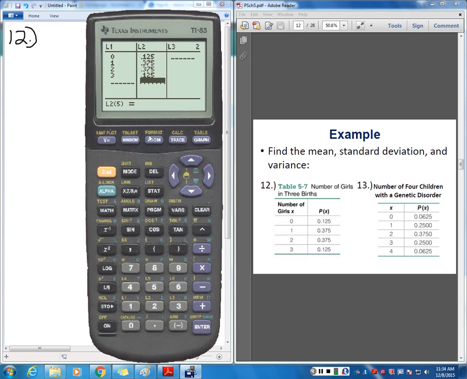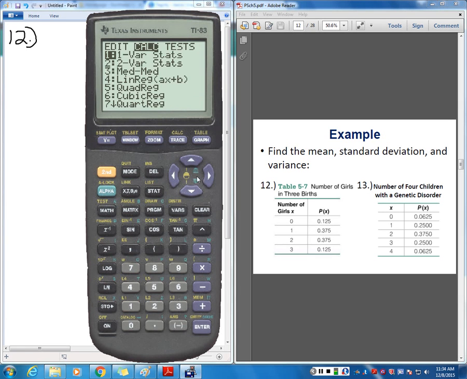And to find the descriptive statistics I'm looking for, I now go to Stat, Calc, 1-Var Stats, and tell the calculator I'm using list 1 with a frequency list of list 2, either by using a comma if you have a calculator like this one, or by listing list 1 as the list and list 2 as the frequency list.